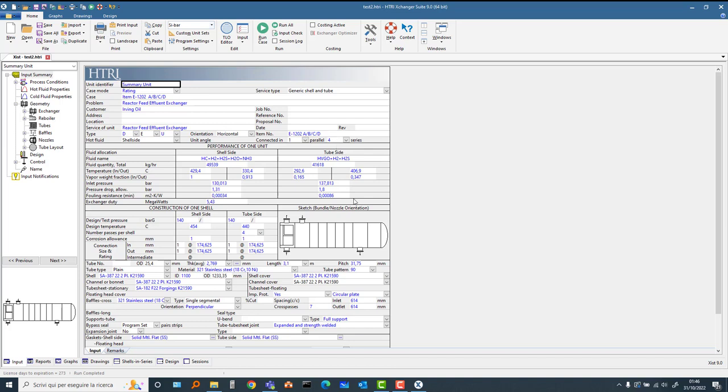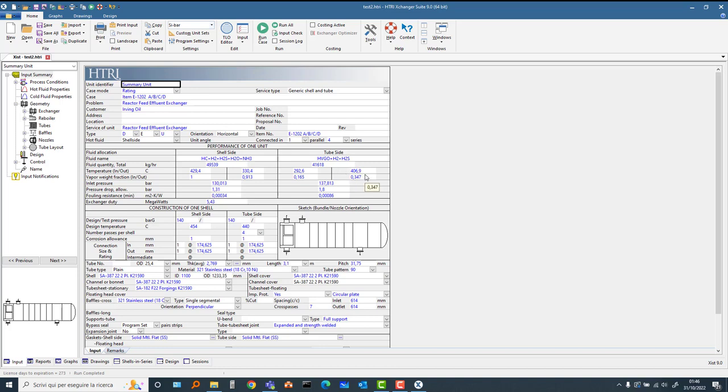Why are they in series? They are in series because there is a very high temperature cross. You see the shell side, in which there is the hot fluid. The inlet temperature is 429, outlet temperature 330, while on the tube side you have 292 at inlet and 406 at outlet.